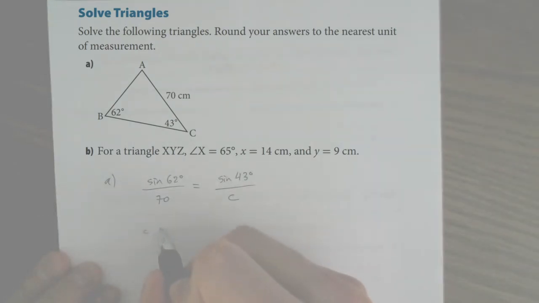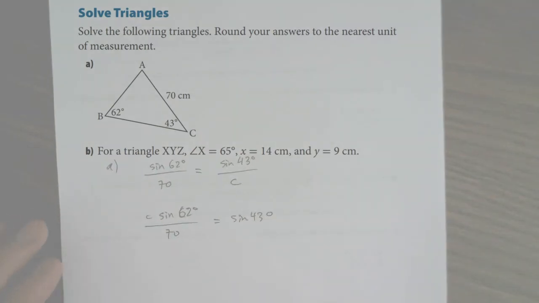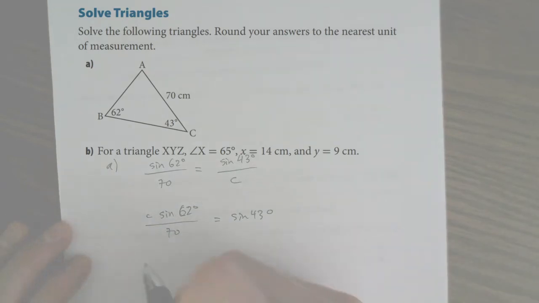Multiply both sides by c. And I'm going to multiply both sides by 70.